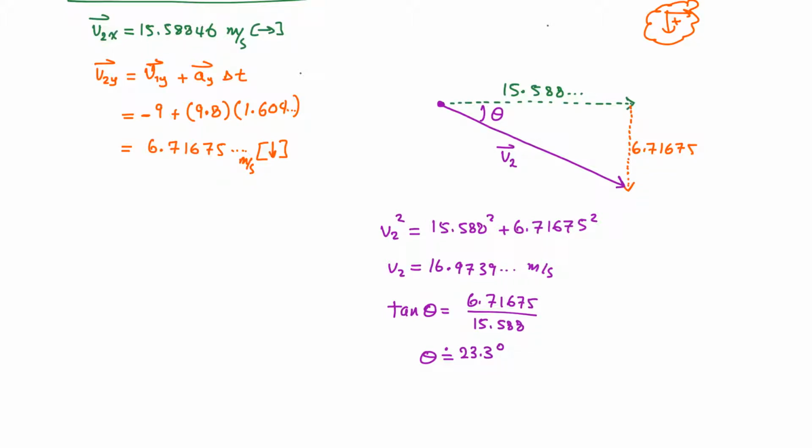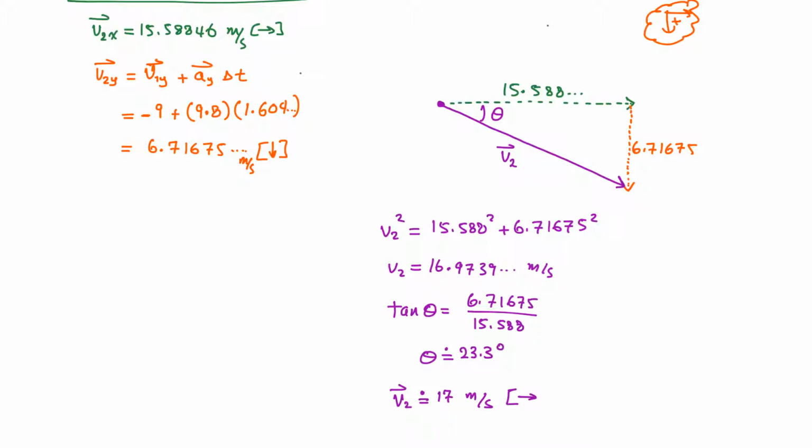Finally, I have to show my results as a vector. So final velocity has a magnitude of approximately 17 meters per second in the direction. And for my direction, I will go in the east direction first.